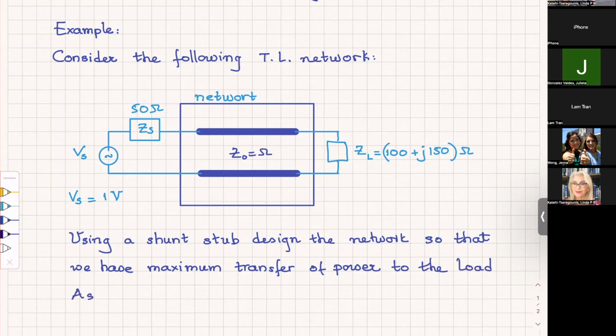Assume that the design frequency is 10 gigahertz.